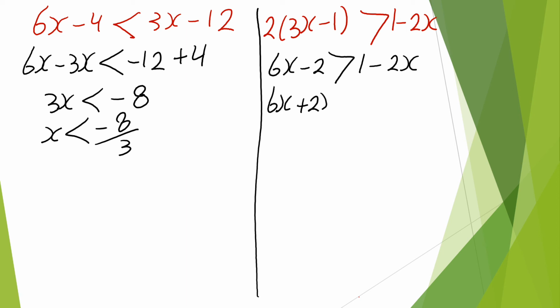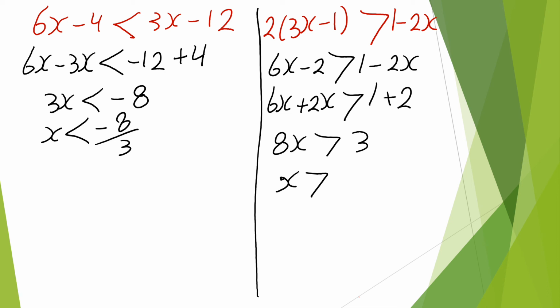Then the negative 2 moves over there. Then 6 plus 2 is 8x greater than 3. So x is greater than 3 over 8. So it's exactly the same way. I'm keeping the sign all the way down, and it's just because there is no negative number that the sign stays as it is.